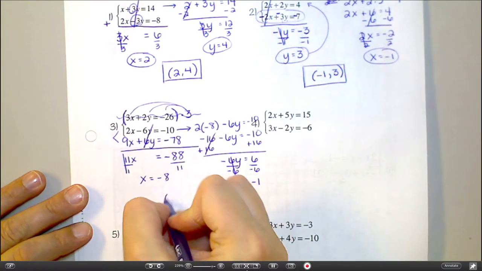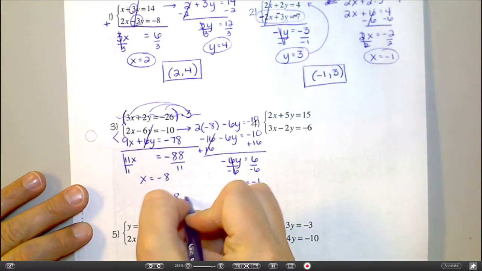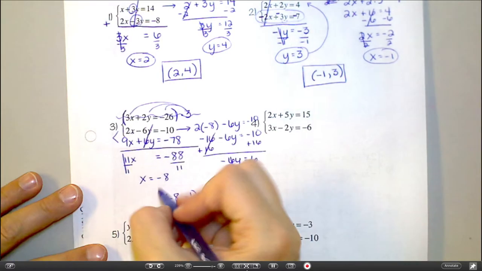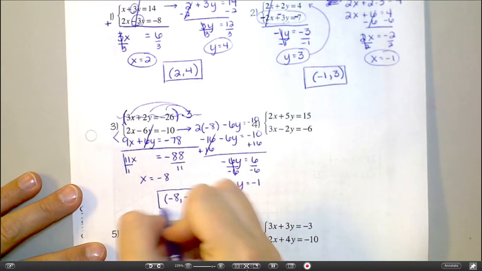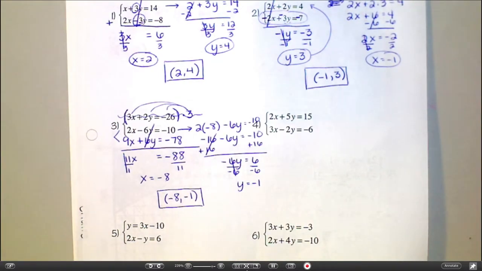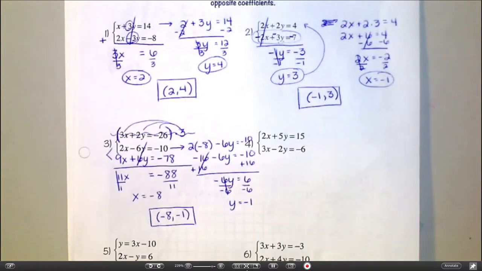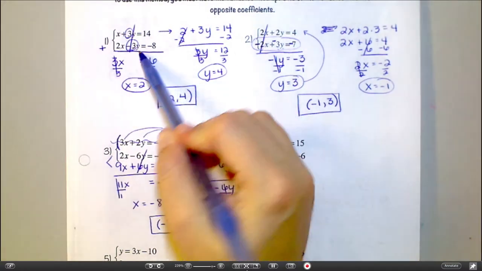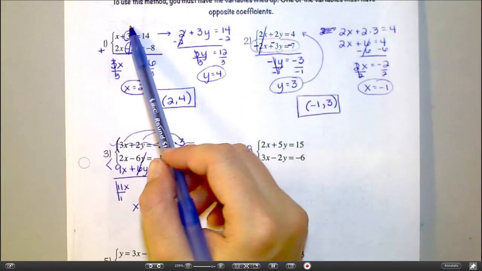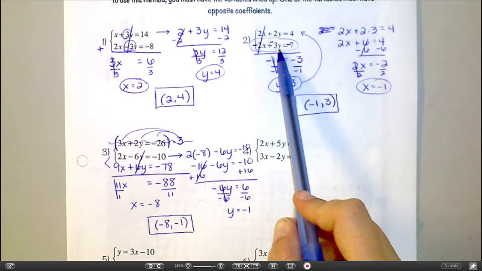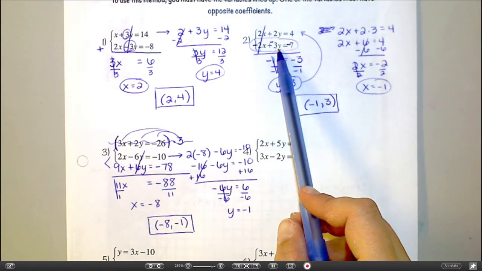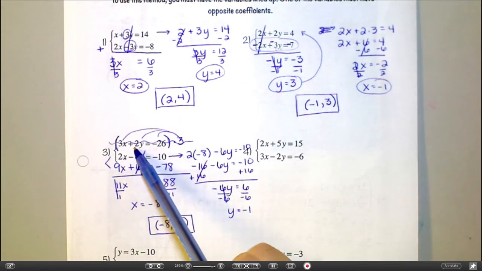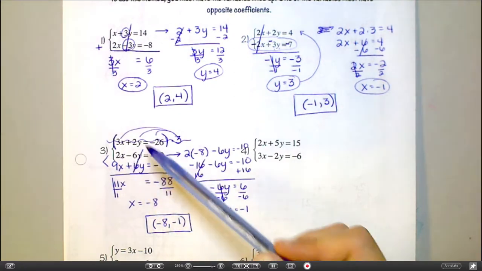So final answer, negative 8, negative 1. Okay, so we went from having an equation that was perfectly set up for us to having one that was almost perfectly set up, we just had to change into a negative, to having one where we had to change the number on one of the equations.